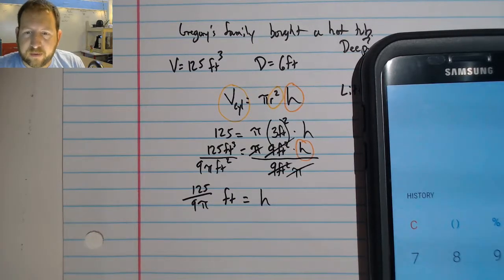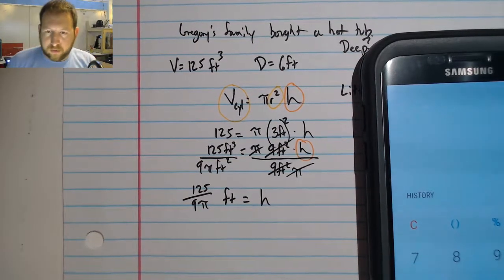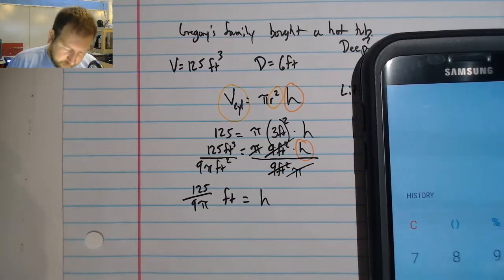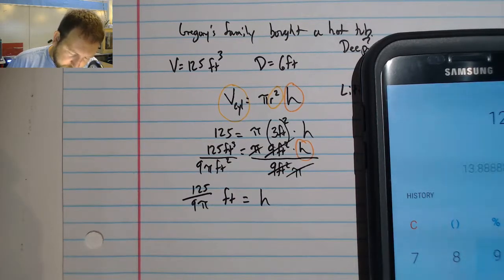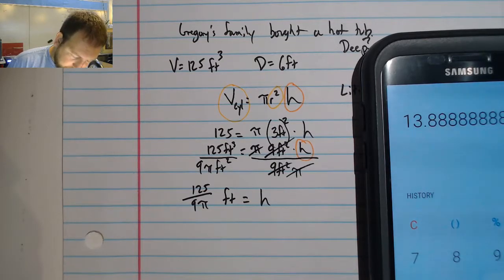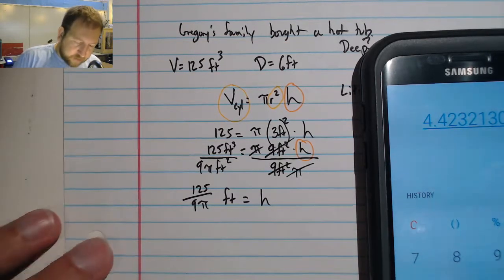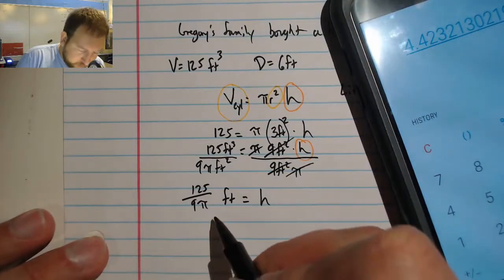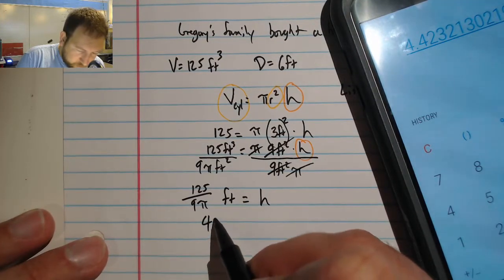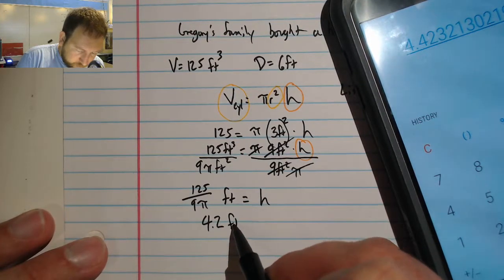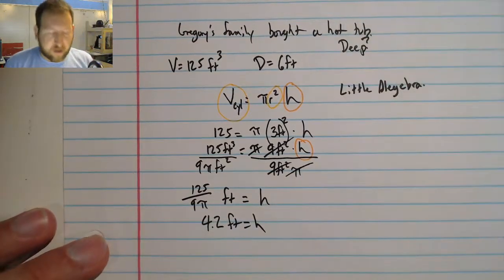And it's going to give us about 4.2 feet, which is going to be the depth of the hot tub.